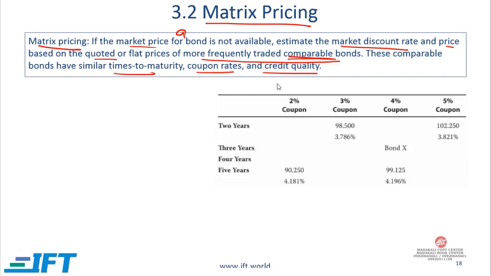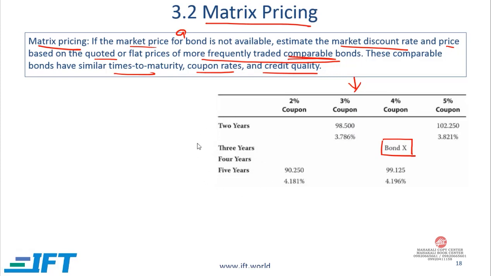Let us understand the process using the data given here. We want to come up with the price and the YTM for bond X, and we have several other bonds with similar credit quality. The coupon rate is not exactly the same for the other bonds, but the numbers are somewhat close, and the maturities are also roughly in the same ballpark.